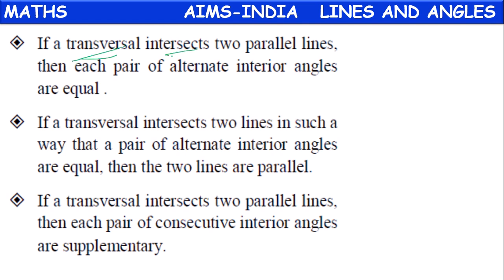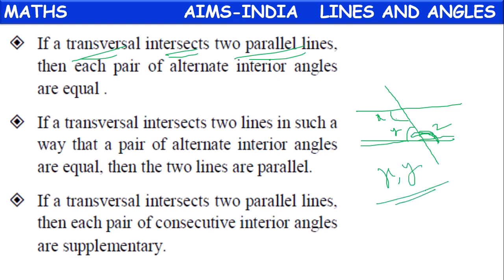If a transversal intersects two parallel lines, then these two angles are called alternate interior angles. If this is x, this is y, and this is z, x and y are called consecutive interior angles lying on the same side.